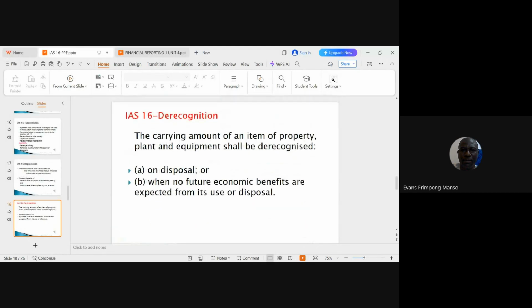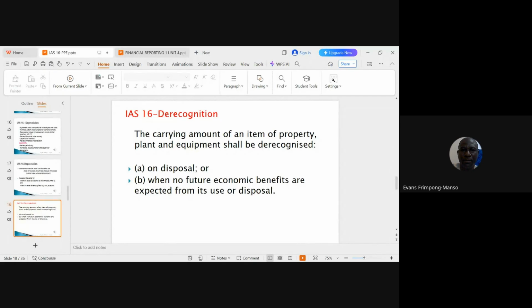Okay. Then I come to very important aspects. I talked about recognition. I talked about measurement. Now on this slide, you will see de-recognition.